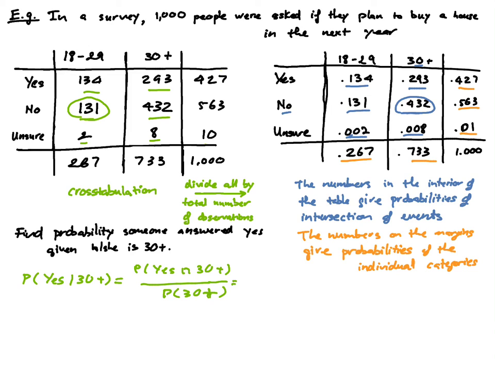According to the table, the probability of the intersection of yes and 30 plus is 0.293. And then the probability of 30 plus is 0.733. So if you do the math here, you get 0.399 something, which you can just round to 0.4.